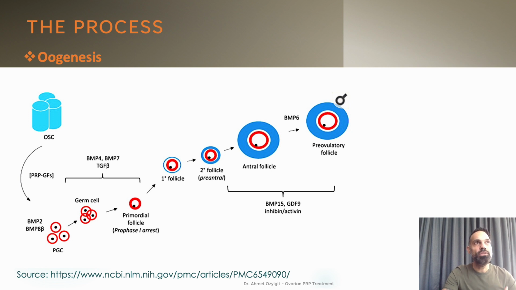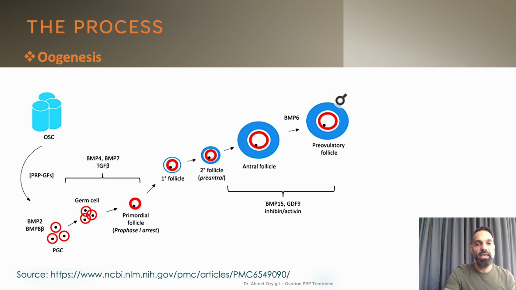So you need to be aware of the timeline involved in the primordial follicles reaching the stage of ovulation, because if you do the IVF cycle after PRP too prematurely, then you're not going to see the full benefits. If you wait too long, then again, you're not going to see the full benefits. So it's quite important that you time an IVF cycle after an ovarian PRP treatment effectively so that you can get the full potential.